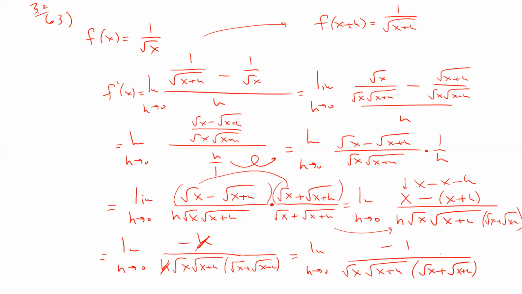Plugging in a 0 now into that. This would be square root of x, square root of x plus the square root of x. That's too many.